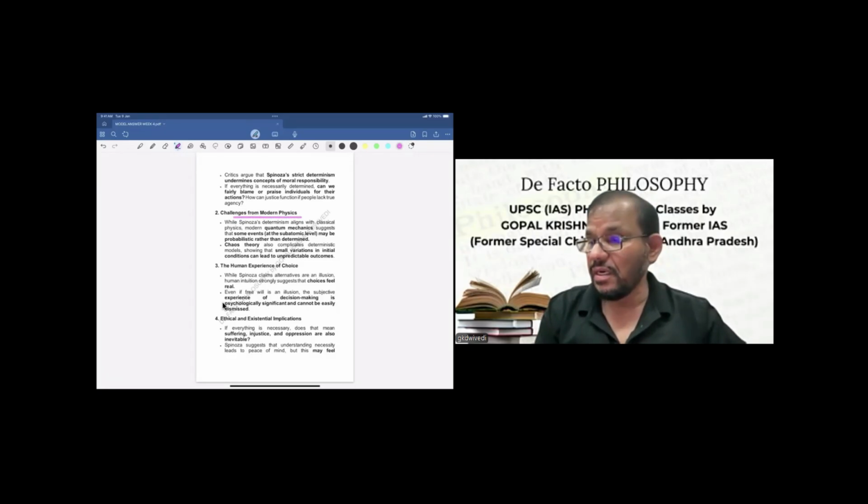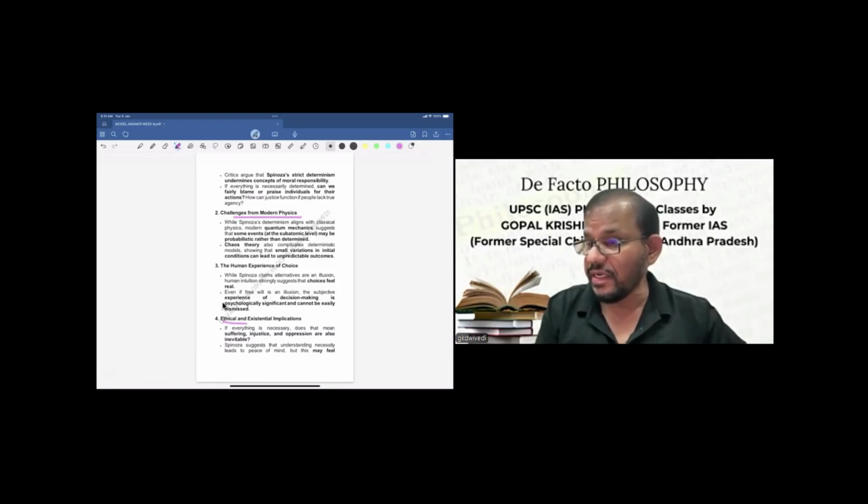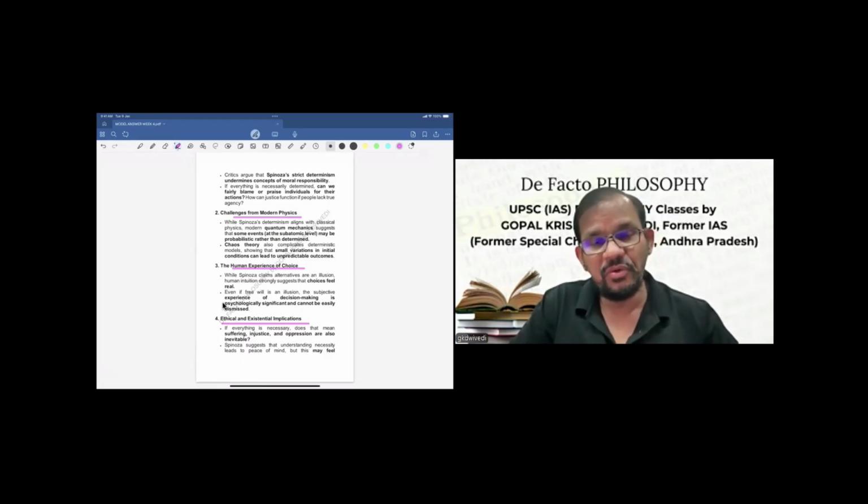Then even ethical and existential implications, or the human experience of choice. So basically, unless there is free will, definitely morality also will be affected. So from an ethical point of view, also his view has been severely criticized.